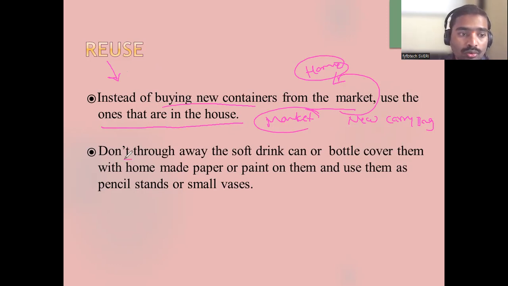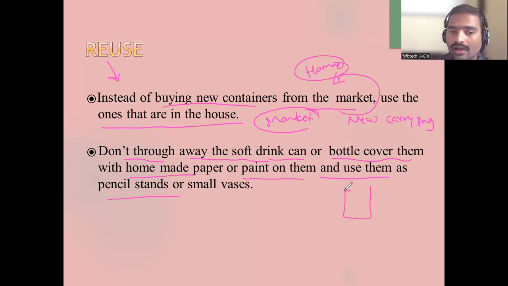Reuse: don't throw away soft drink cans or bottles. Some homemade items can be painted as pencil stands. Whatever Pepsi or Coca-Cola water bottle is there, after drinking you should not throw it away.